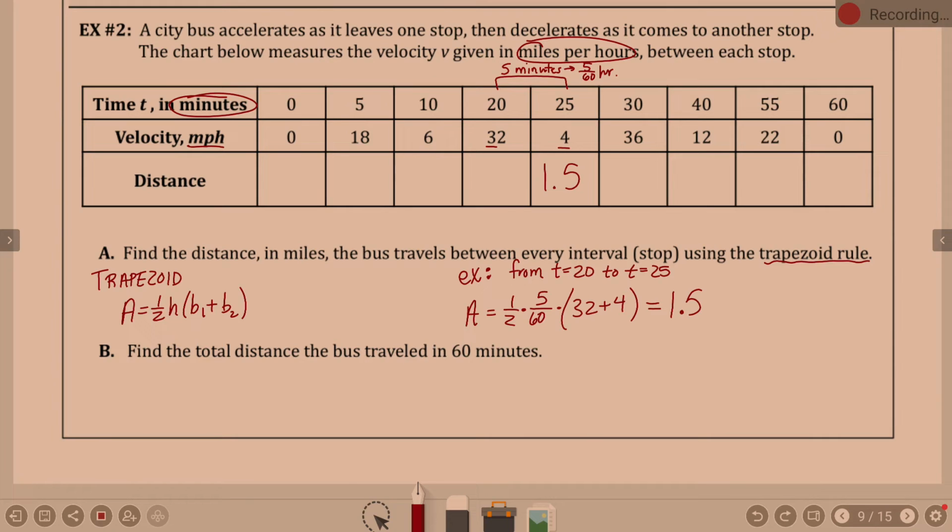But now we've got to do this for like 8 other boxes. Good practice. You can find space and write them all down if you want, but you can also just use your calculator. As we look at this first, what goes in the first box? That's 0, yes? Which is why everything's going to end up in the right-hand box of the interval, because at time 0, your velocity is 0 and your distance traveled is 0.